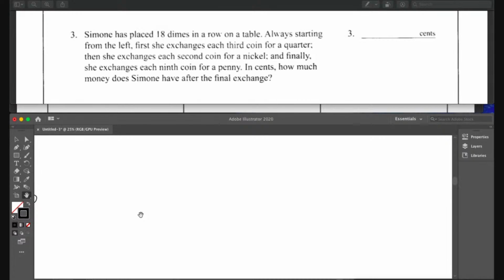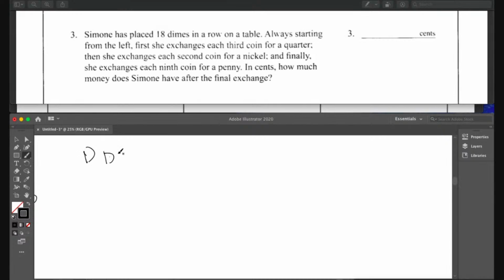Don't calculate the money that you have in each step, like calculating how much money has changed, because that's just going to be more work. What you can do instead is just change all the coins and then add up all the coins at the end. And it's not too bad because you only have 18 coins. Okay, so I guess we'll just do that.